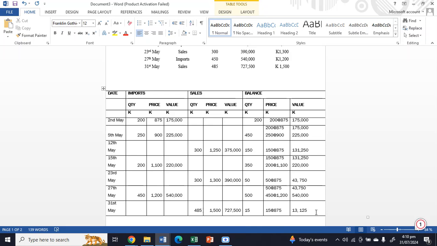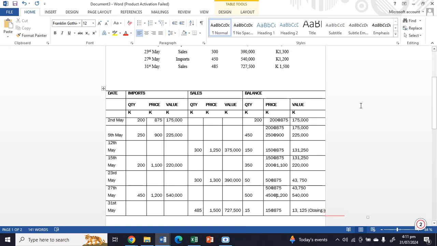So this is the value of our closing inventory. And this is what goes in the financial statements, the balance sheet, that closing inventory, and also in the trading account, that closing inventory. This is where they all come from.